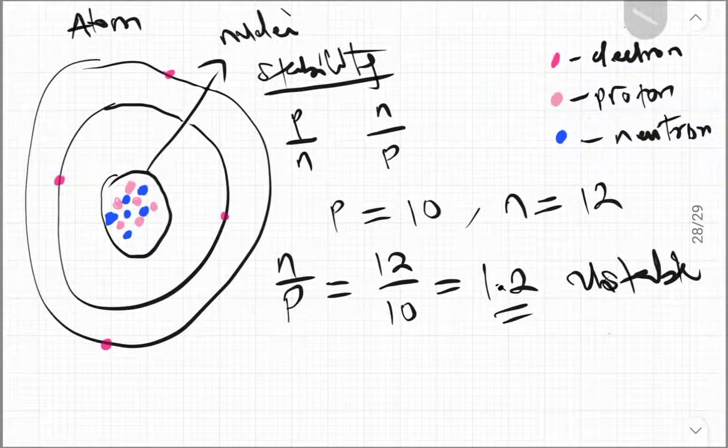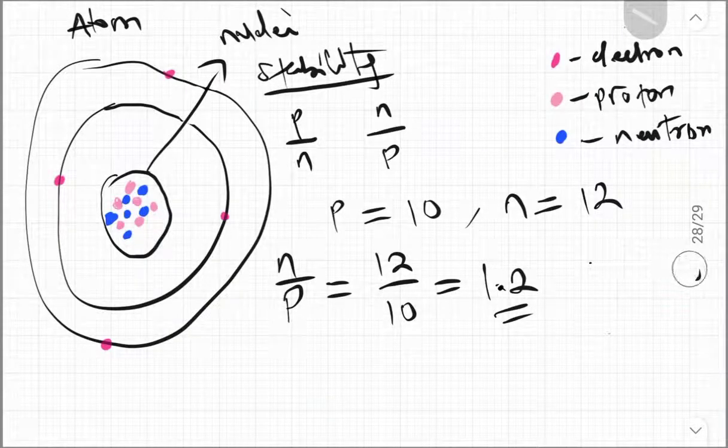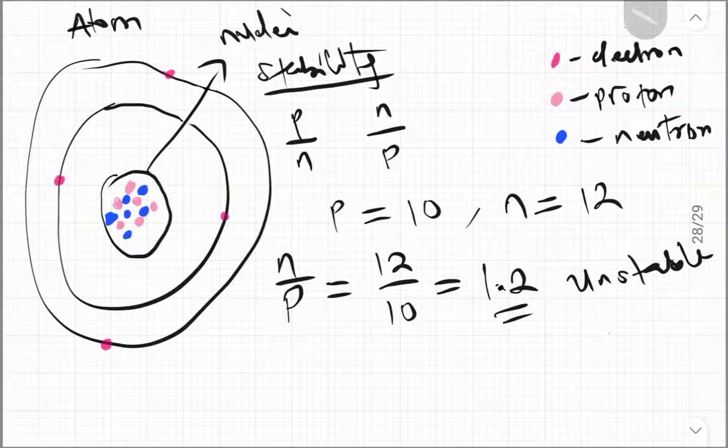Oh, that's a bad spelling there. Unstable. So this atom is going to be unstable because it has a ratio that is greater than 1, right? And for such an atom, it's going to undergo some kind of disintegration. So it's going to split for it to attain a stable state, right?